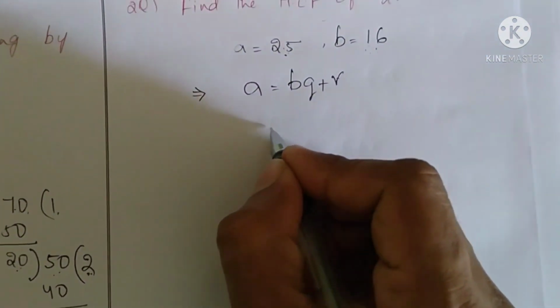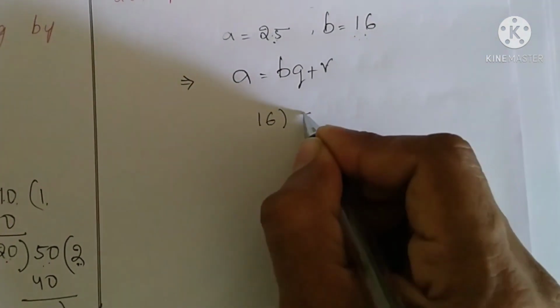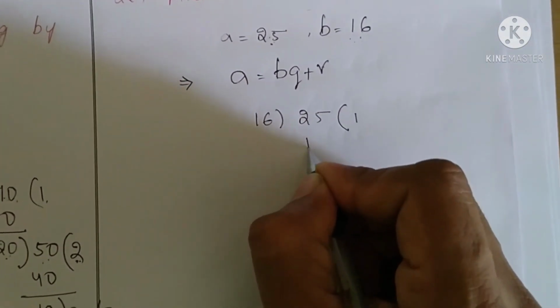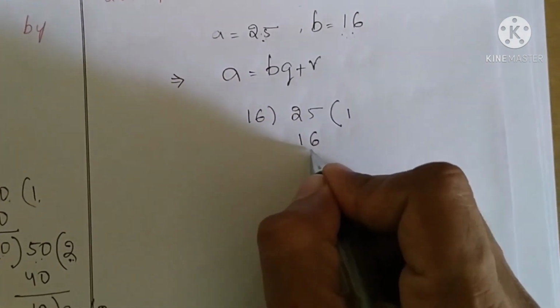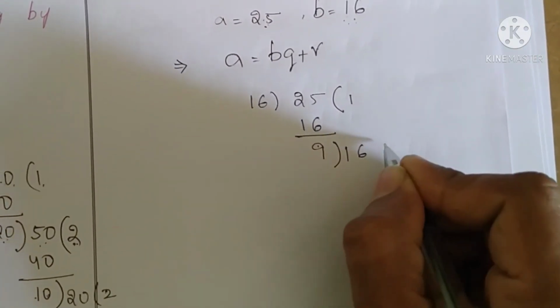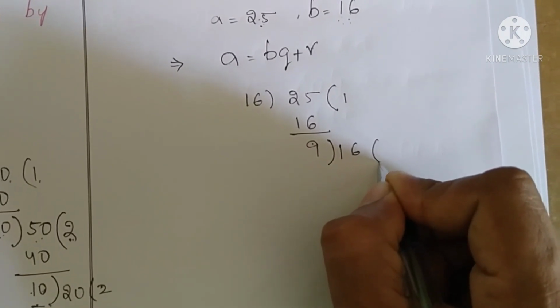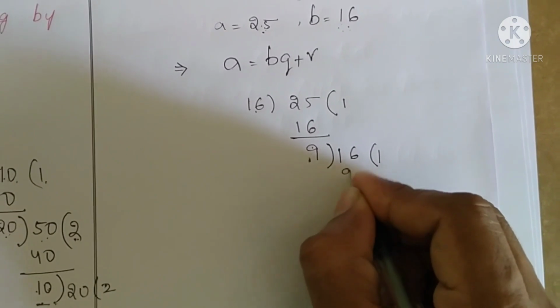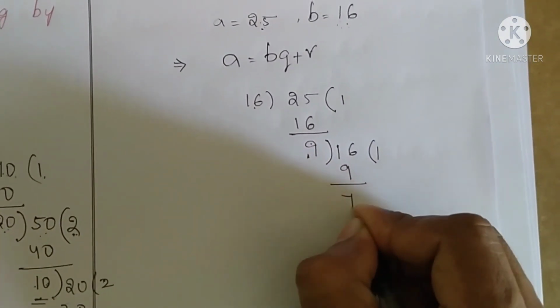Why? Divide 25 by 16. 16 ones are 16, the remaining result is 9. Again repeat this process until the remainder is 0. 9 ones are 9, the remaining result is 7.